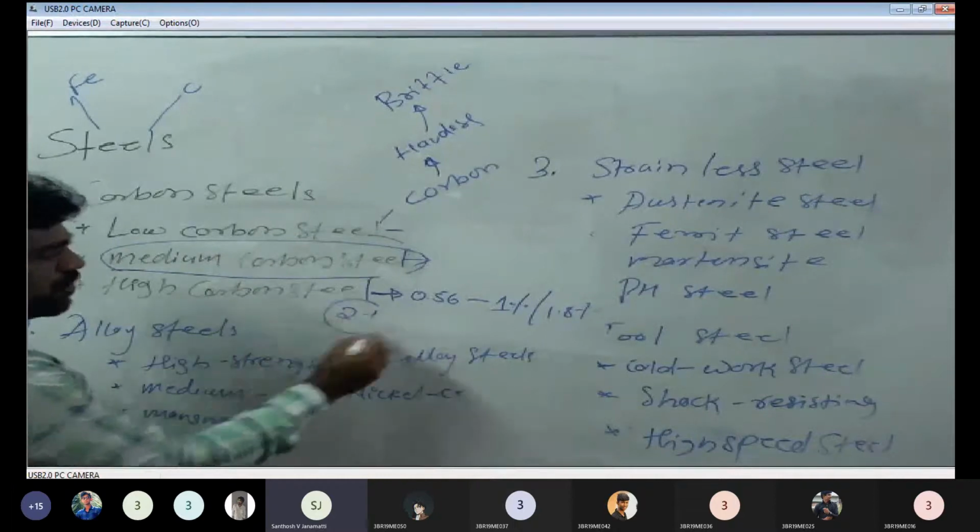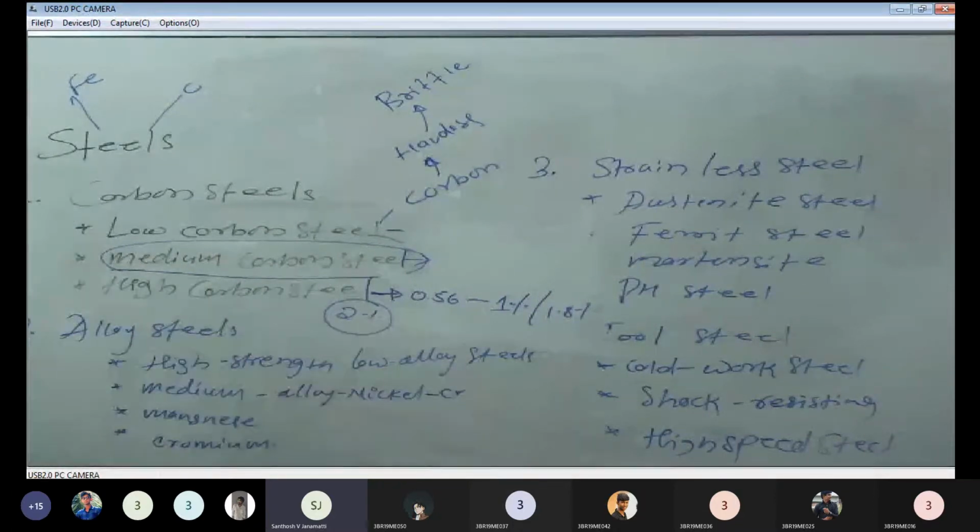More than 2% carbon content is not steel, that is cast iron. The maximum percentage of carbon in steel is up to 2%. If you unfortunately find more than 2% carbon in that material, you don't call it steel, you call it cast iron.